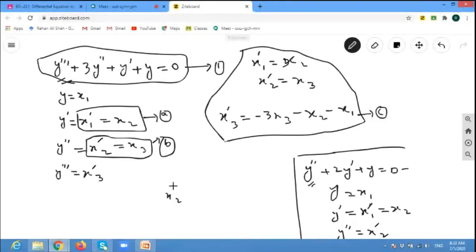So x2 dash equals minus 2y dash, which means minus 2x2, and minus y means minus x1.